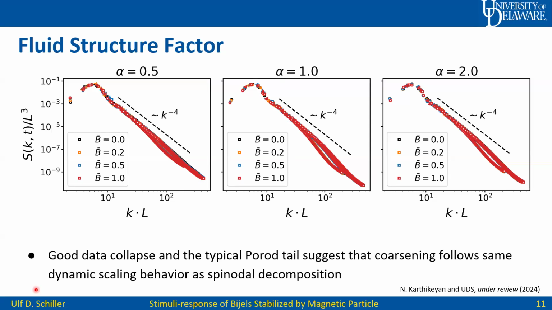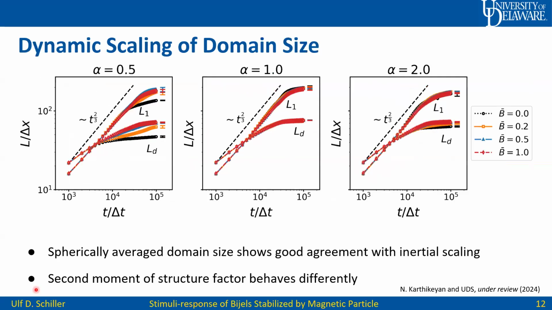Now, what's more relevant then is the domain size itself. If you follow the spinodal decomposition literature, there are plenty of ways to measure a domain size in these structures. L1 here is the one obtained from a spherically averaged structure factor, and that's maybe the most commonly used one.